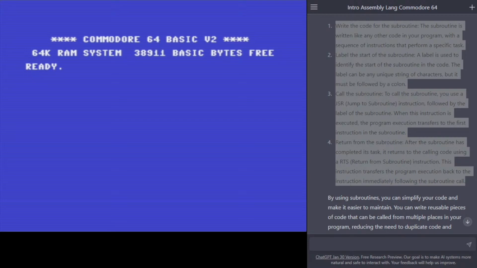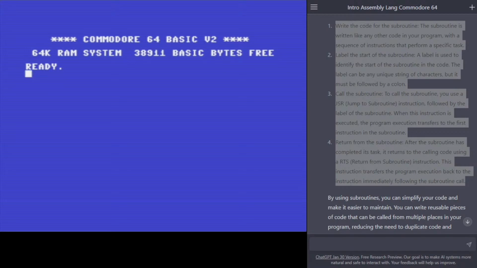When this instruction is executed, the program execution transfers to the first instruction in the subroutine. Return from the subroutine. After the subroutine has completed its task, it returns to the calling code using the RTS, return from subroutine, instruction. This instruction transfers the program execution back to the instruction immediately following the subroutine call.